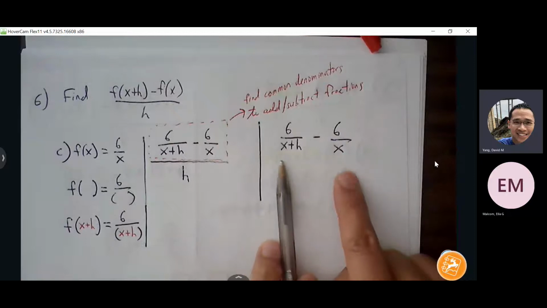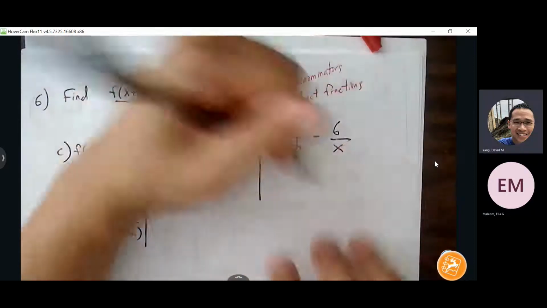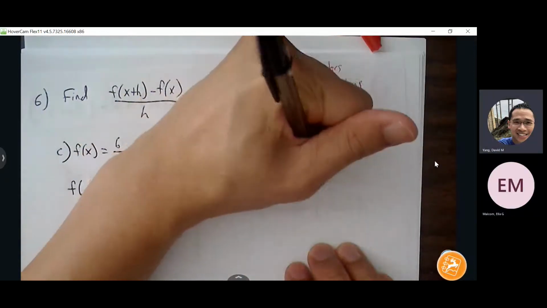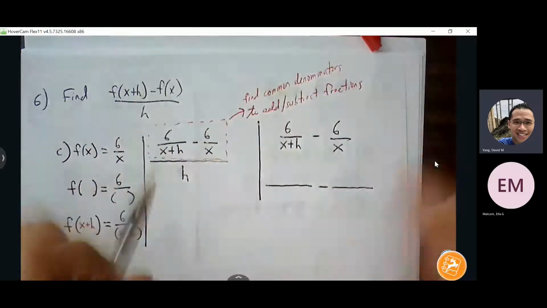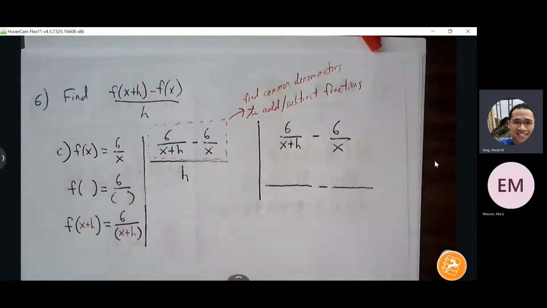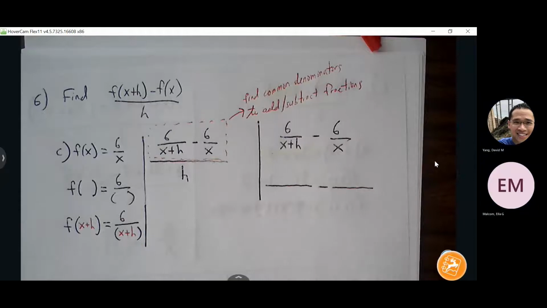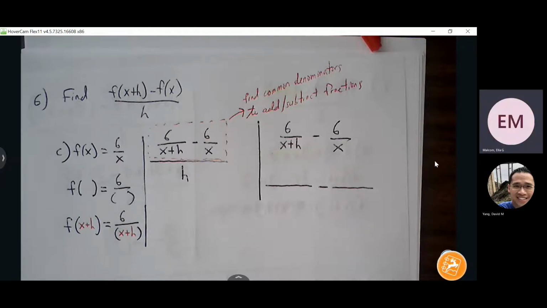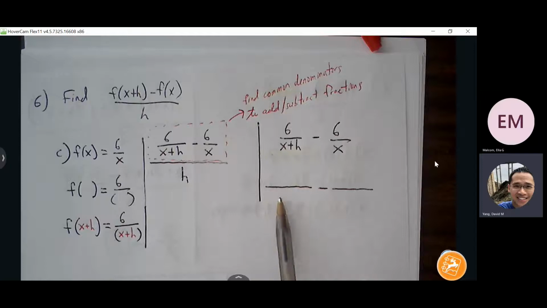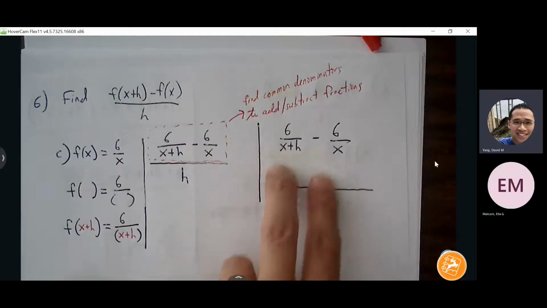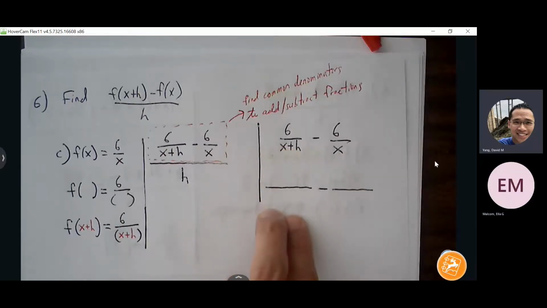So now the question is, before I can merge these together, I need common denominators. What do you think is a common denominator for these two fractions? X? I don't know. Right, it has to be something large enough that both can multiply into.